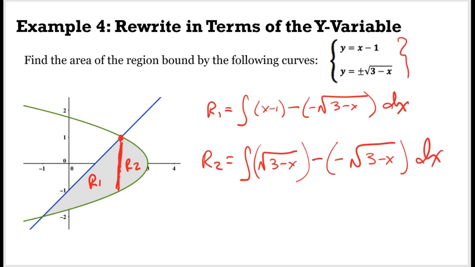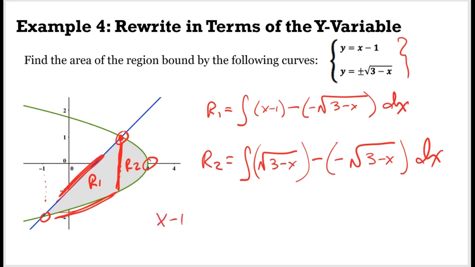Now we just need to find the bounds for these functions, when do they intersect? So I need to find this intersection point and this intersection point, and this is the end of my integrals. So this kind of looks like it'll be -1. I want to verify that, so I want to set the linear function equal to the negative square root and solve.